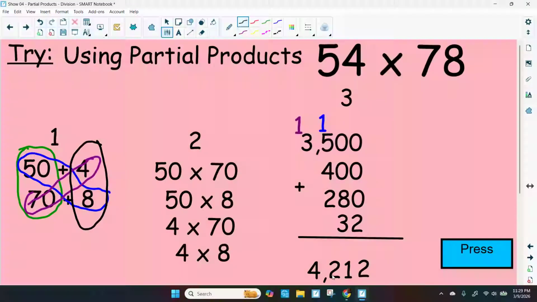And here's my 2 I put down there, and I got to carry or rebundle up the 1. And add that with the 3. 1 plus 3 is 4. So my answer is 4,212. Okay? So, I hope you got it.